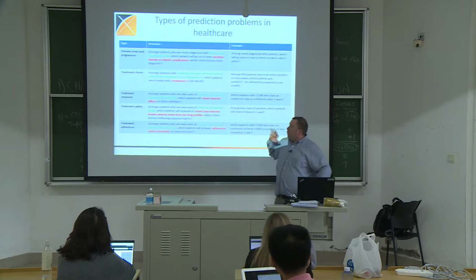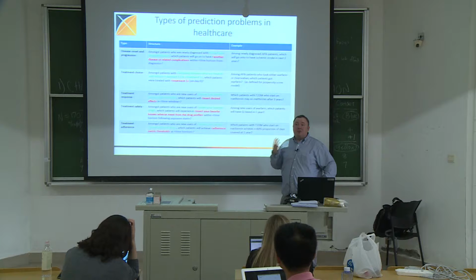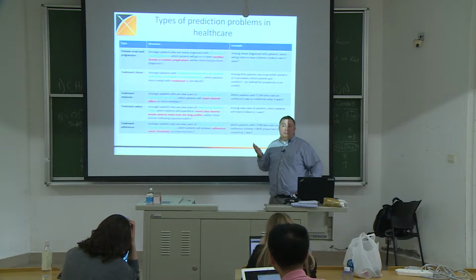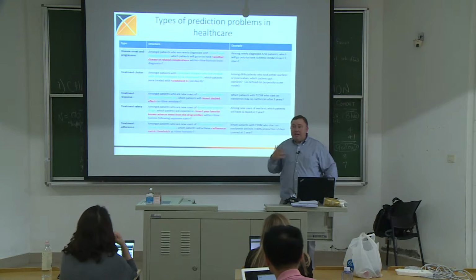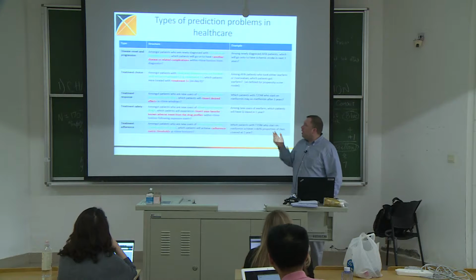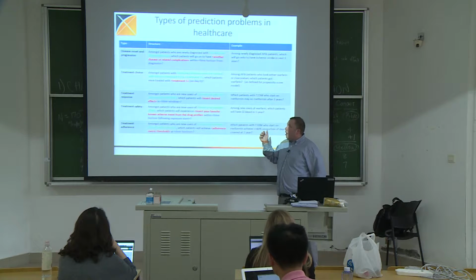I'm going to walk you through 5 different types of prediction questions that we believe are important in healthcare that need to be done. And I'll provide you some examples. And so I'm going to walk through each of these one at a time.